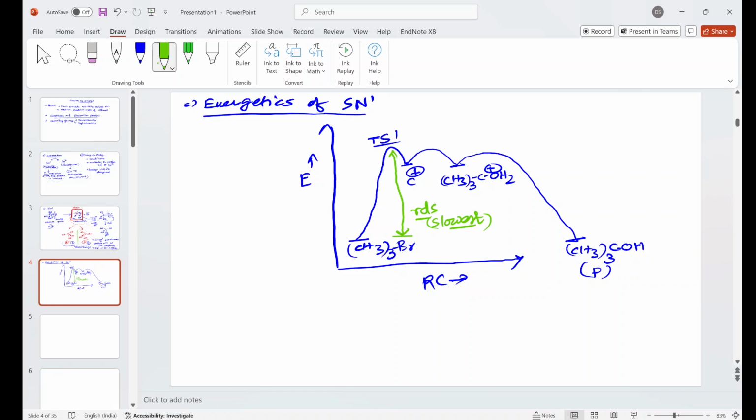So depending on this, your reaction rate will be based on the species that are involved in the RDS. RDS is the rate determining step. Okay.